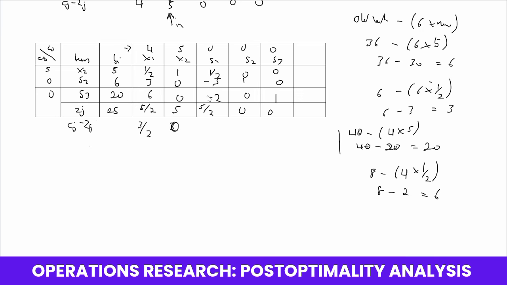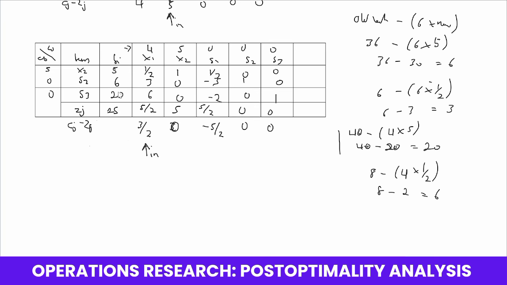And then 0 minus 5 on 2 gives us minus 5 on 2. And then 0 minus 0 is 0. 0 minus 0 is 0. So we look for the largest non-negative number here in the CJ minus ZJ row. Obviously this is the only positive number, and that will be the largest non-negative number. So this is our pivot column. So that's the entering basic variable.